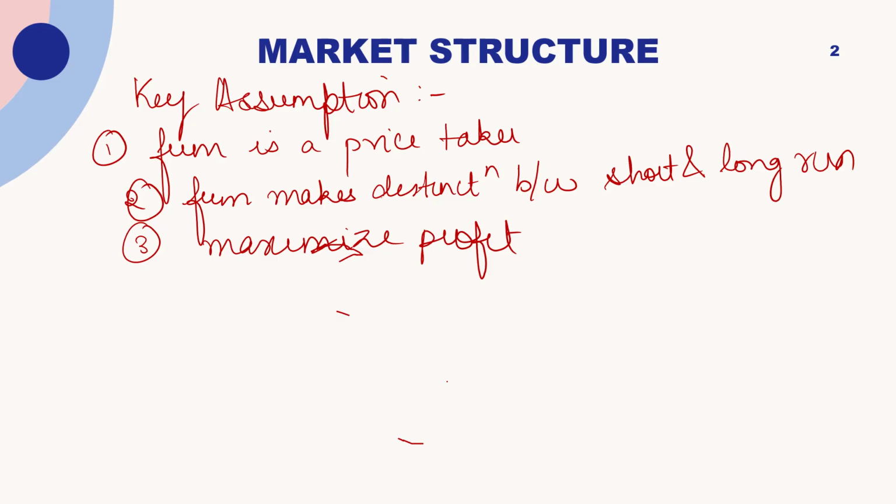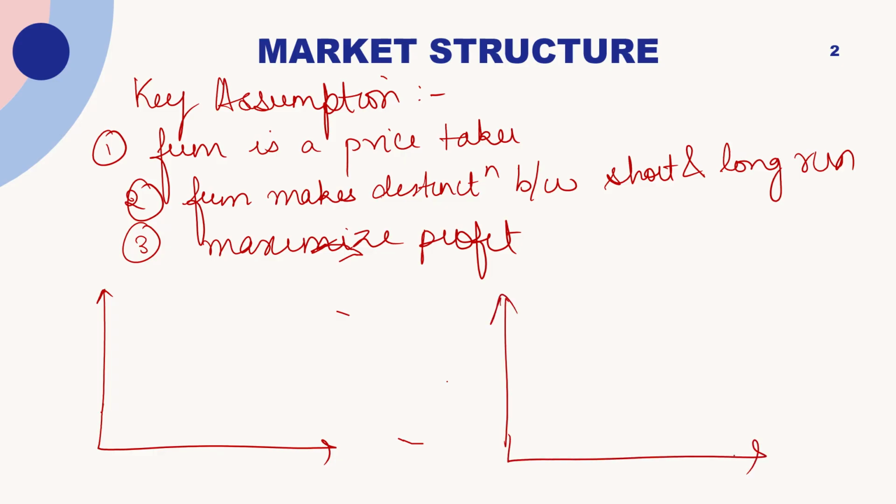So now we'll see some graphs. In the first graph, we have two lines. This line is a demand curve. And this line is a supply curve. Now, they meet at a point. And here, this is P price and Q quantity. Same here.